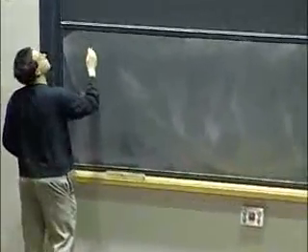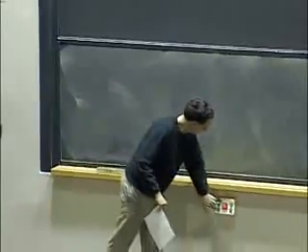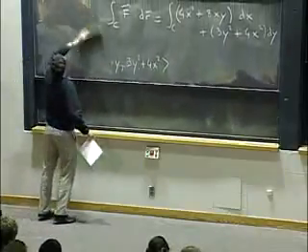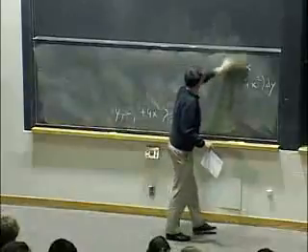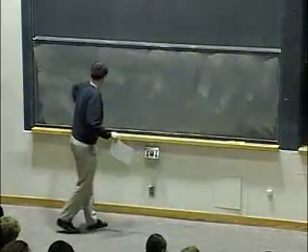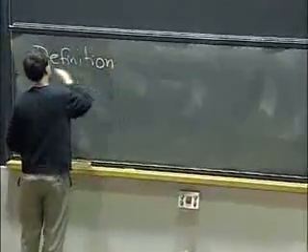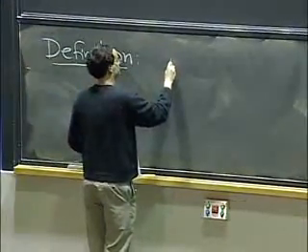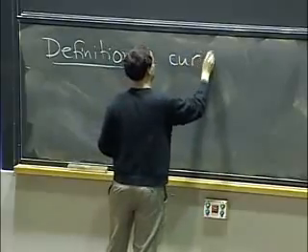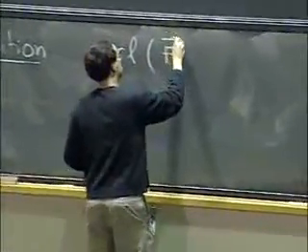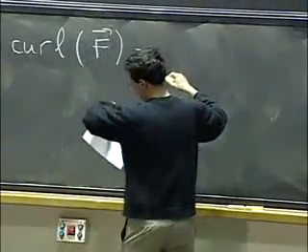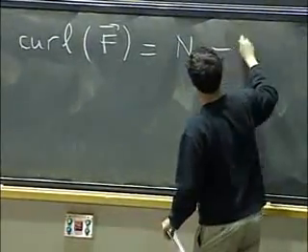By definition, we say that the curl of F is the quantity N sub x minus M sub y.